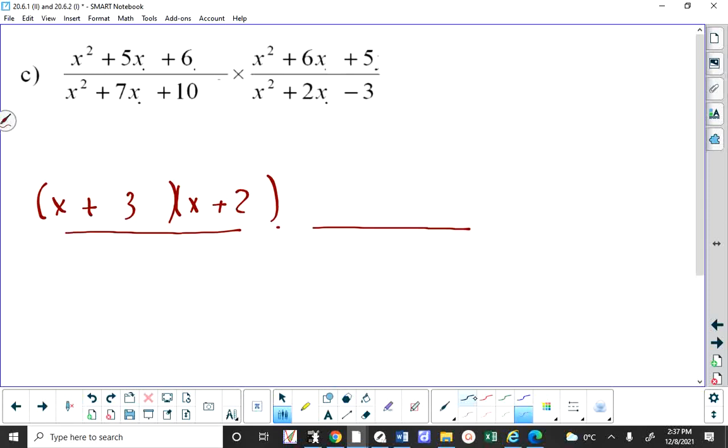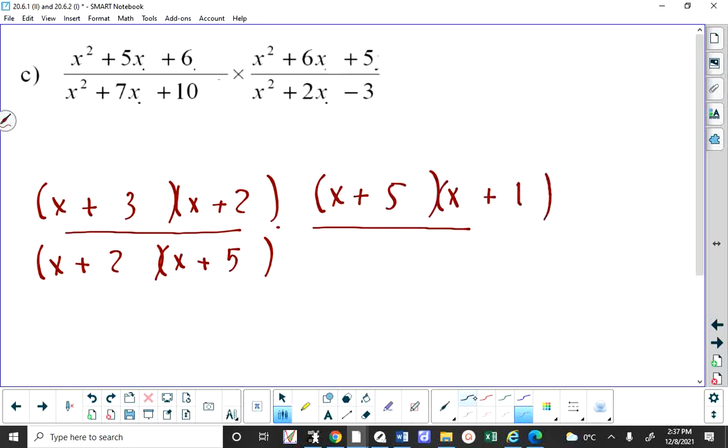What 2 numbers multiply to 5 and add to give 6, etc., etc. That's about how long it should take you.